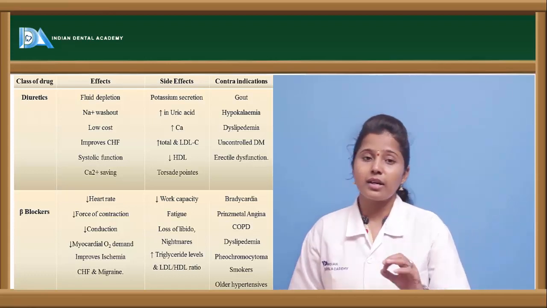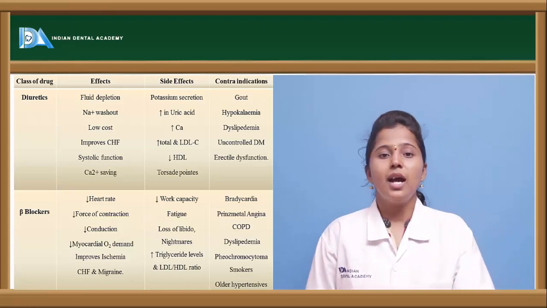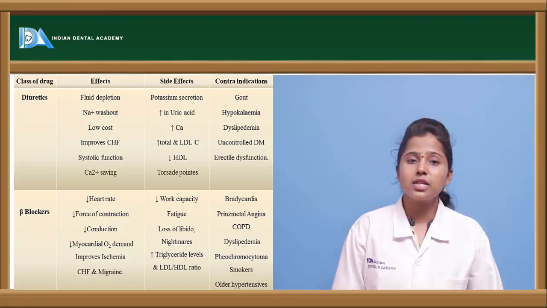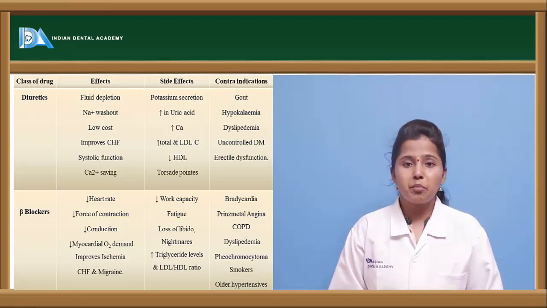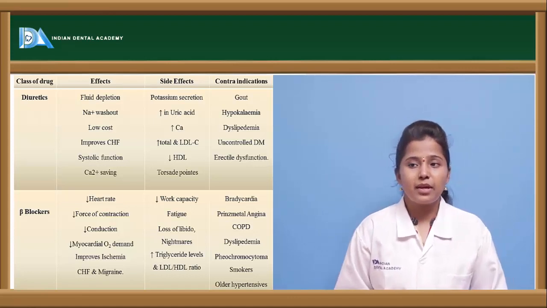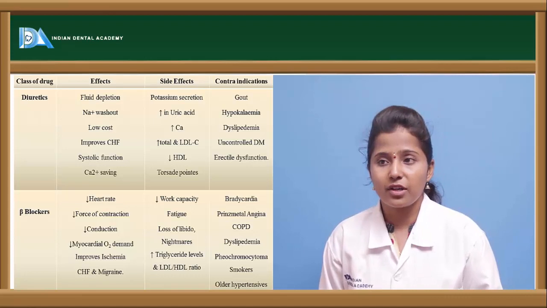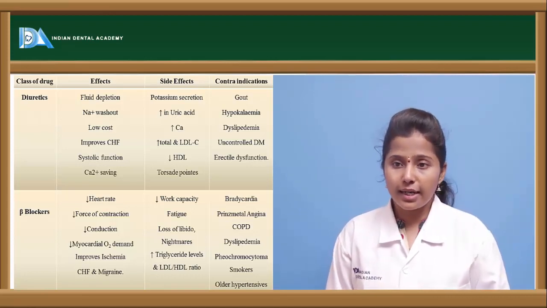When diuretics increase uric acid in the bloodstream, the uric acid gets deposited in place of synovial fluid and potentiates gout. Also in hypokalemia, dyslipidemia, uncontrolled diabetes mellitus and erectile dysfunction. In these conditions, diuretics should be contraindicated.